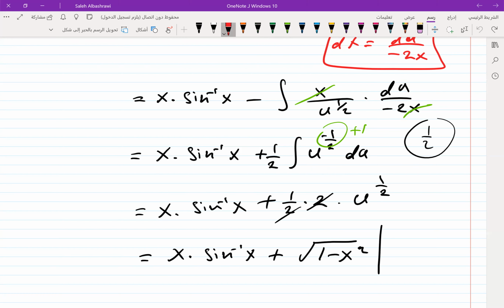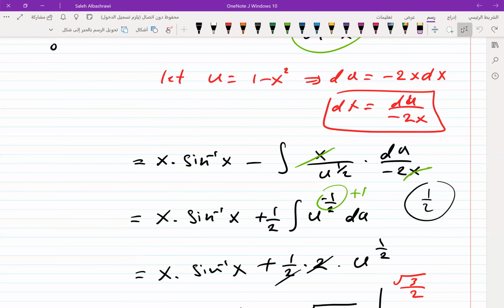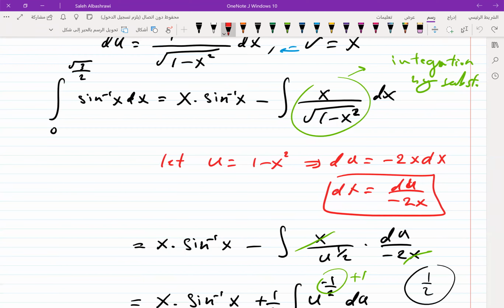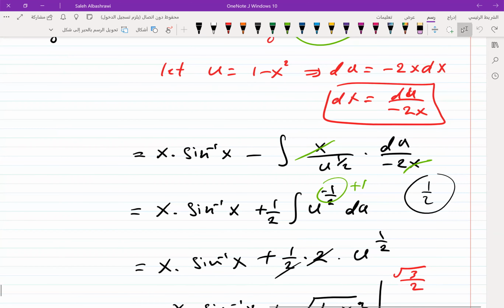Now write the limits. The limits were 0 to square root of 3 divided by 2. In the last steps, I didn't write the limits. It can be written, but I left it to the end. This is from 0 to square root of 3 over 2, all of them.